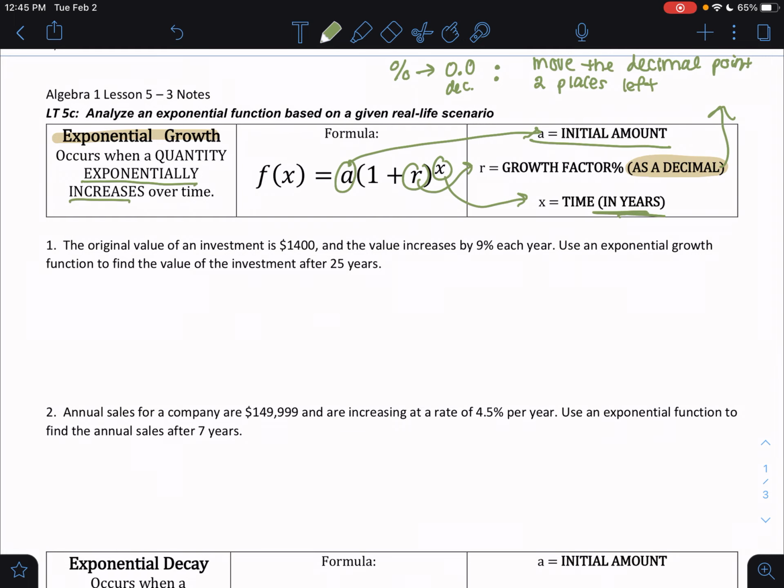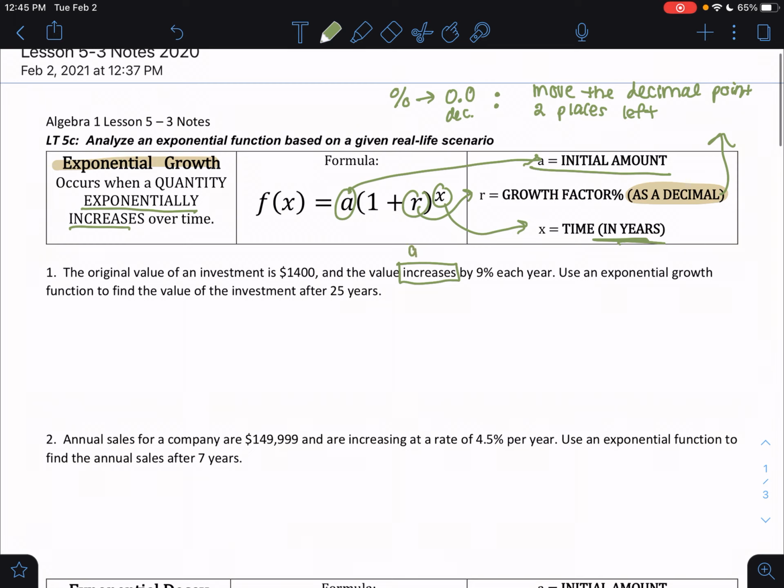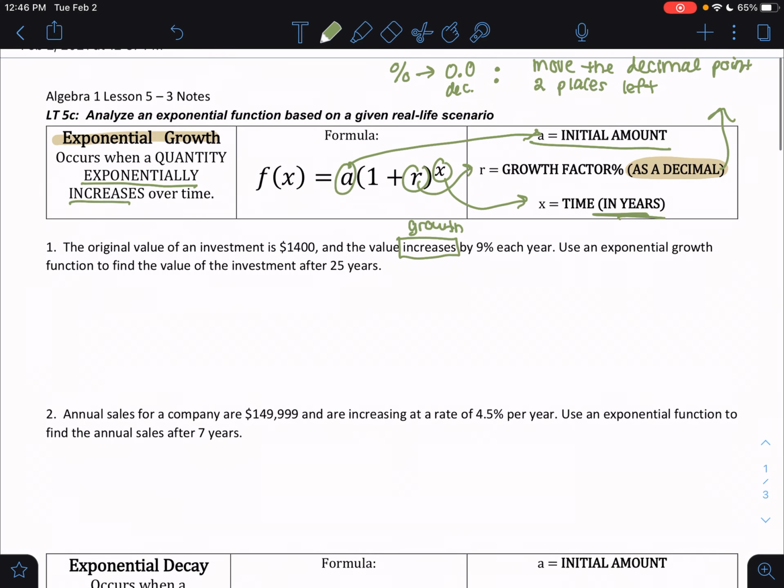The first thing that's important to note is that this says increases. Whenever you see increases, that's how you know that we're going to be using exponential growth. The next thing that's important is all of the numbers. So we have our original value, we have how much it's increasing by, and then we have the number of years.